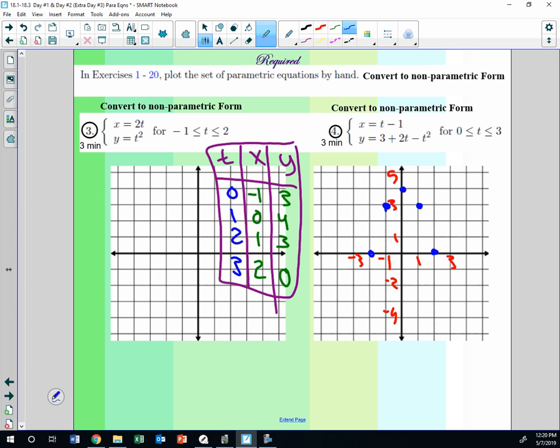Yeah. If you put a negative 2 in, 3 minus 4 is negative 1, minus negative 2 squared, that'll get you your 0.